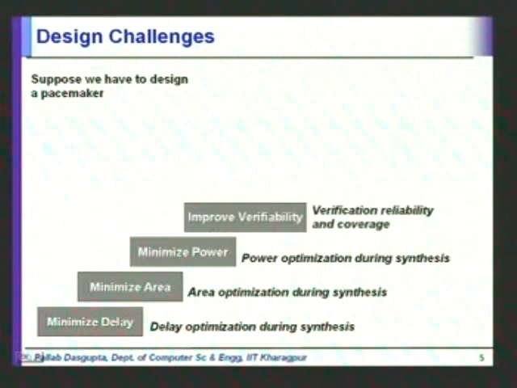The next thing is to improve the verifiability. See, we have gone from chips which had a few gates to a few thousands of gates to a few millions of gates to a few billions of gates, and we are still growing. Now what is happening is that the amount of time that is spent in verification of these designs is growing exponentially, because most of the verification problems are not tractable problems, they are not in P, they are harder problems, NP complete and harder.